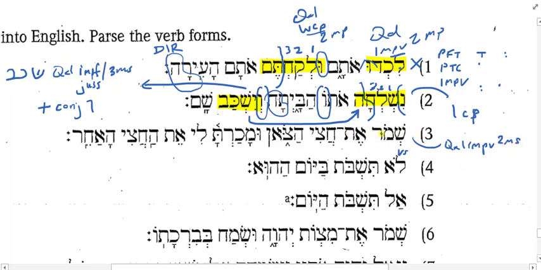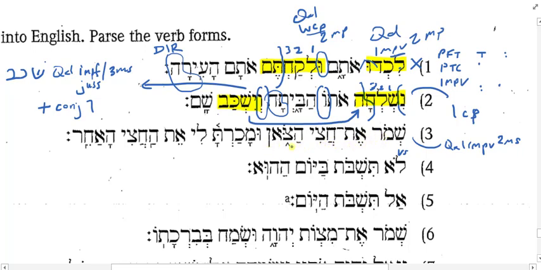So what does shmor mean? Keep or guard. And we have to see what's the object before we can sometimes make that choice. So what is the writer or speaker commanding that one keep or guard?